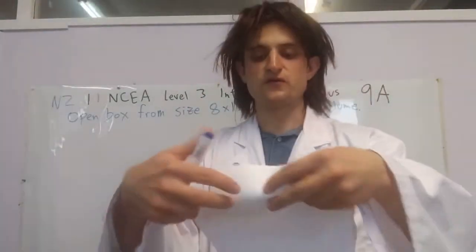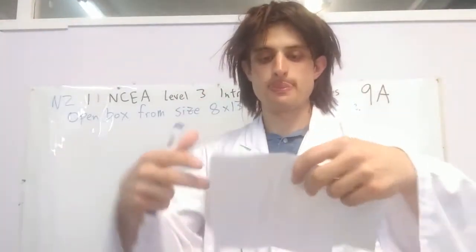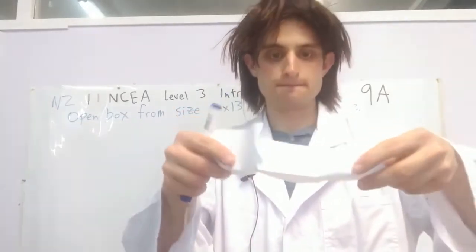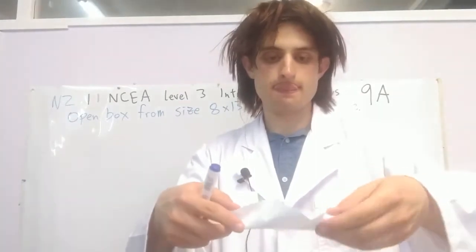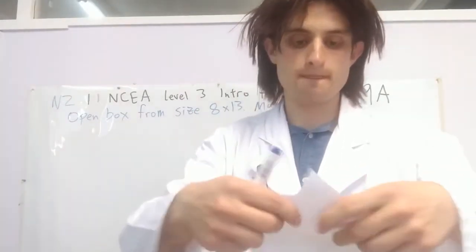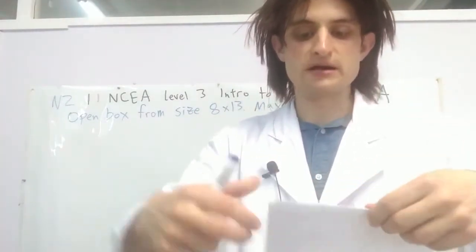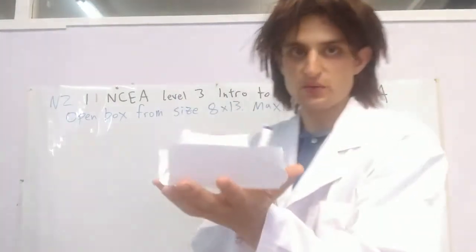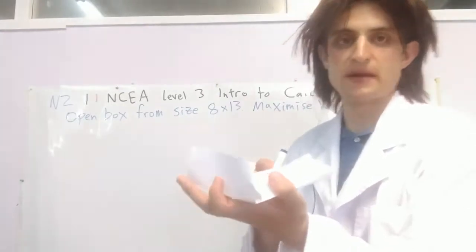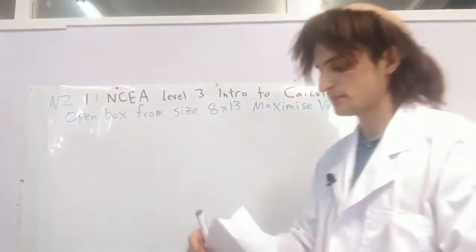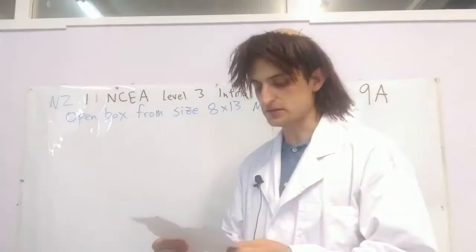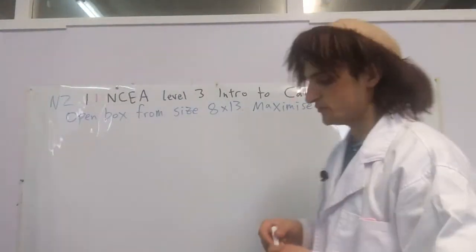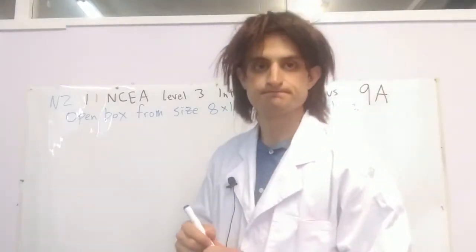And then we can fold it so that we'll have an open box like this. But how much should we cut so that we can have a box with maximum volume? This requires calculus. What is the volume of our box?